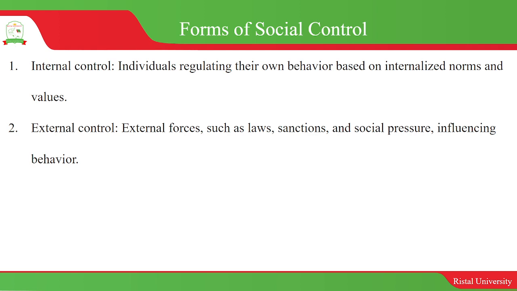So, what are the forms of social control? Here we have two: internal control and external control. Internal control is when an individual regulates their behavior based on internalized norms and practices. Internalization of norms, practices, or values means that you have reflected and made a decision that these are things that I cannot do.